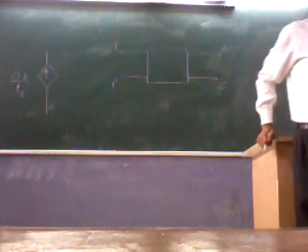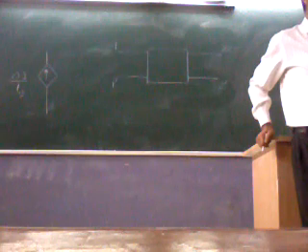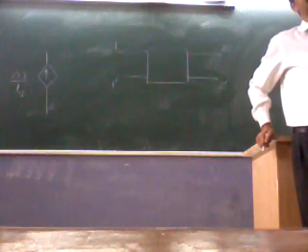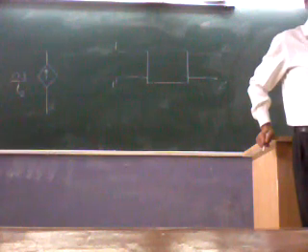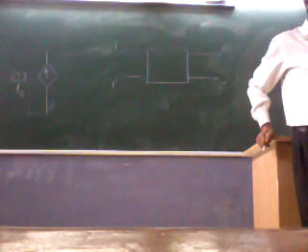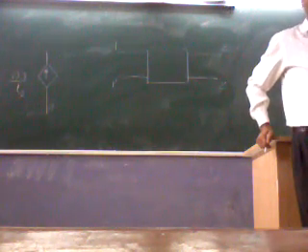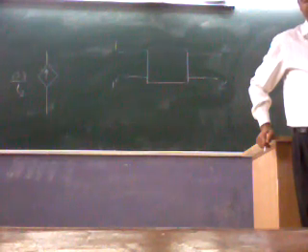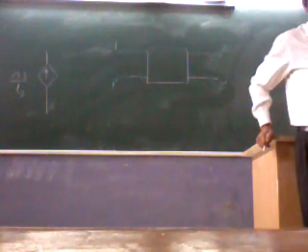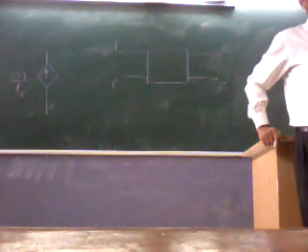A voltage dependent voltage source generates a voltage which is proportional to voltage at some other place. A voltage dependent current source generates a current which is proportional to voltage at some other place, and then current dependent current source and current dependent voltage source. So all four combinations we have. In all these combinations there is direct proportionality. That is very important.